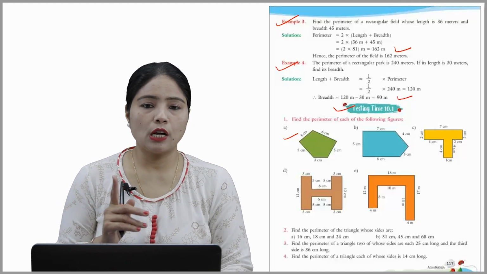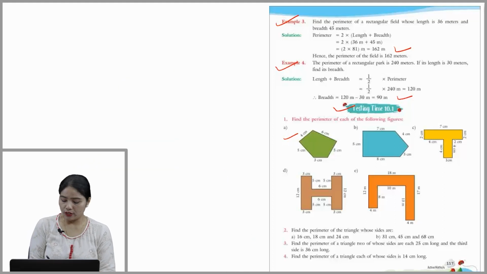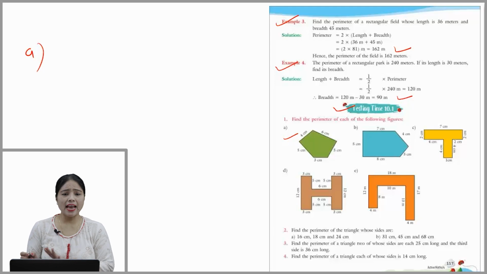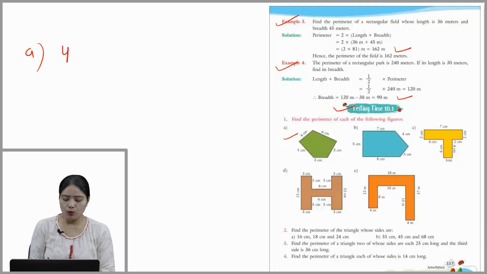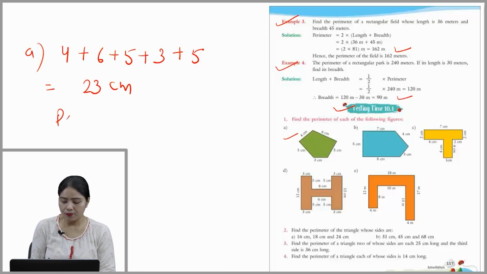So we know the formula of that one, sum of all sides. So for this we just add all the numbers: 4 plus 6 plus 5 plus 3 plus 5. Okay, so how many are there? 1 2 3 4 5. So now we will add this: 6 and 4 is 10, 5 is 15, 15, 20 and 3 is 23 centimeter is the answer of that one, beta. So our perimeter has come out.